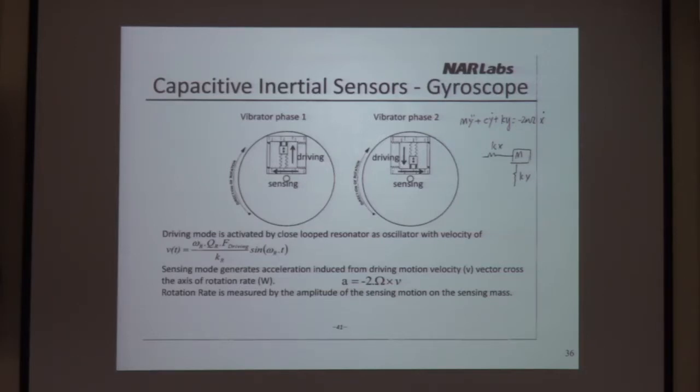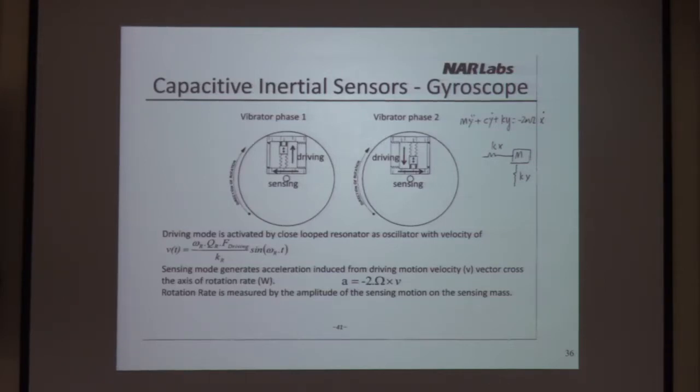Coriolis force, 科氏力. Have you ever heard of the Coriolis force? You never heard of Coriolis force.